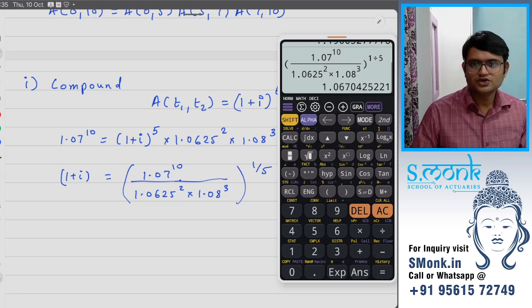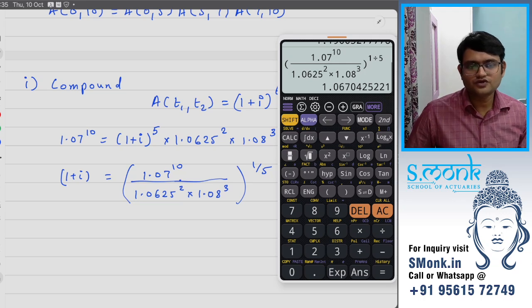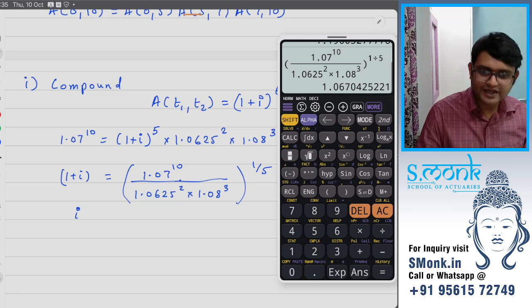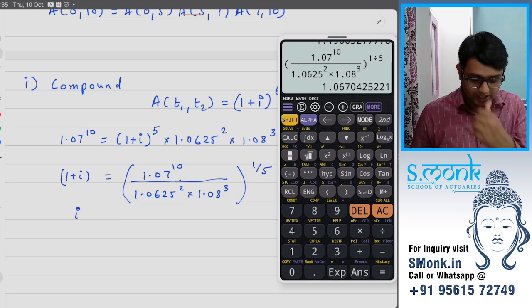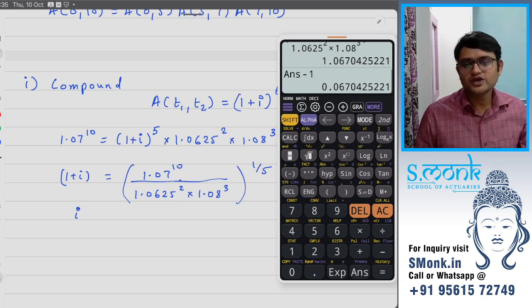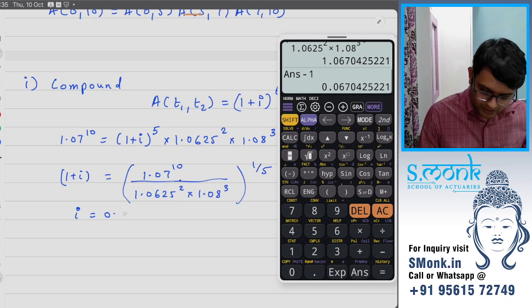Equal to, so I have 1.06704. For the rate of interest, I will just subtract 1, so I can directly say minus 1. It will take the previous answer and then subtract 1 from it. So I have 0.06704. So i is 0.06704.